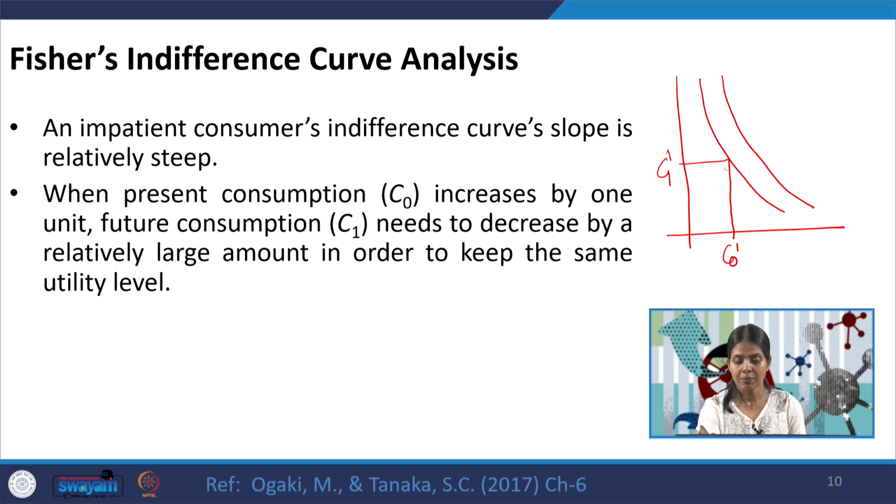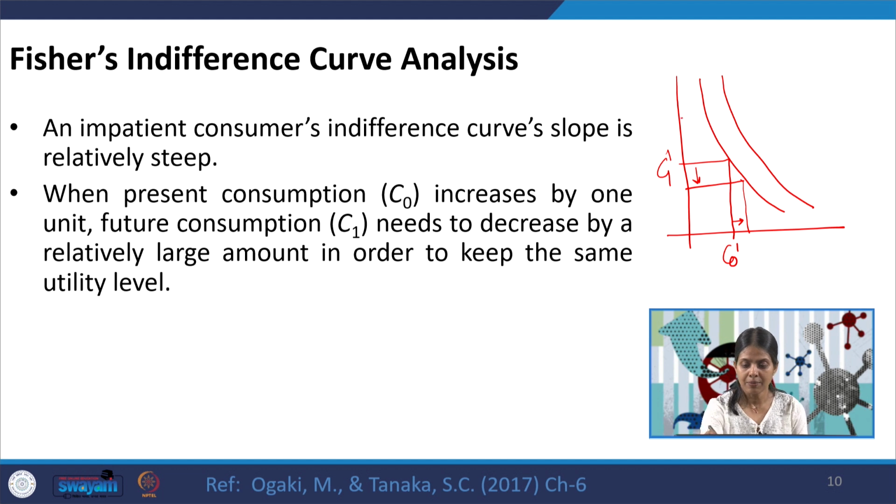Now, a steep line implies that when the current consumption increases by 1 unit, then future consumption decreases by a larger amount. So, you can see that the increase is superseded by the decrease in the future consumption. So, the drop is larger in order to keep the same utility level.